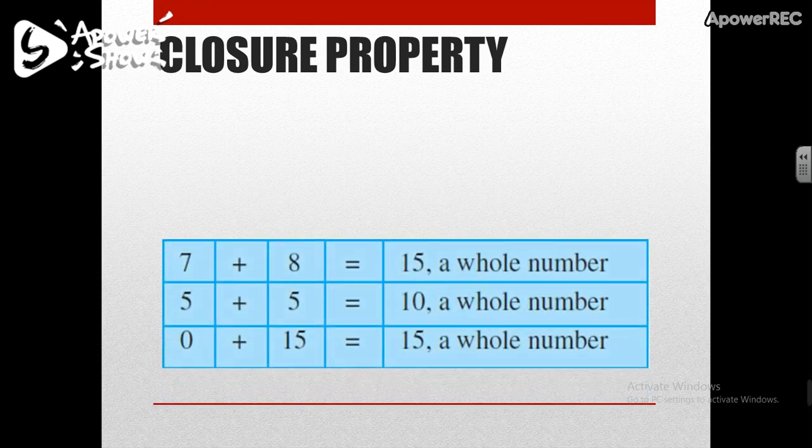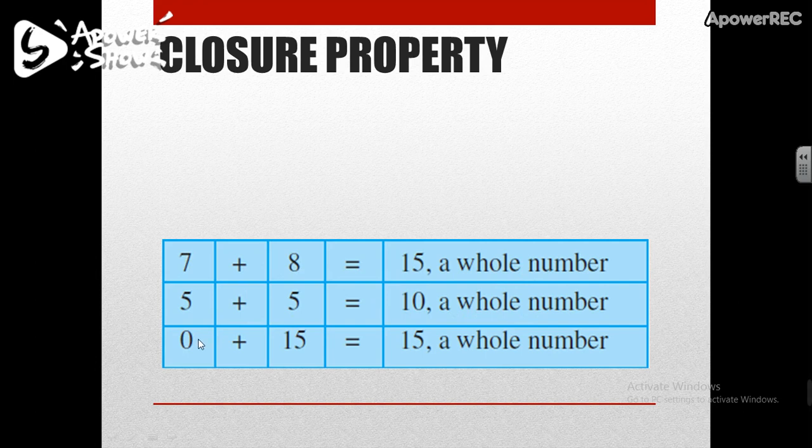I am taking some examples. Here we have some whole numbers and after adding them we are getting a whole number again. For example, 7 and 8 are whole numbers, and after adding 7 and 8 we are getting 15, which is again a whole number. Similarly, adding 5 with itself we are getting 10, which is again a whole number.